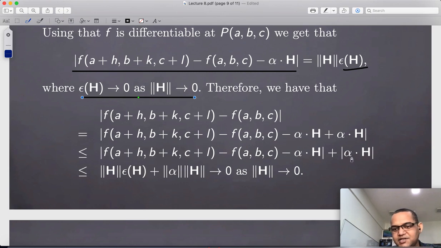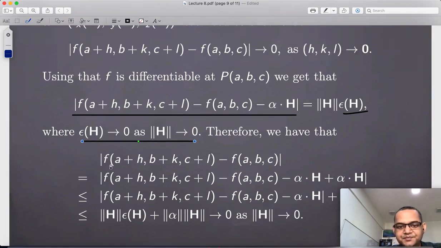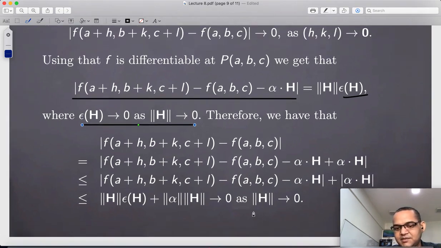The Cauchy-Schwarz inequality tells you that this is less than or equal to the modulus of alpha times the modulus of h. Now you see that both these quantities go to 0, because the modulus of alpha is just a constant. So you get that this difference goes to 0 as the modulus of h goes to 0.